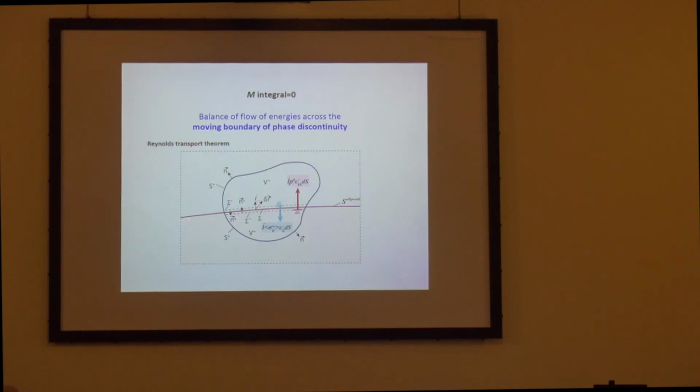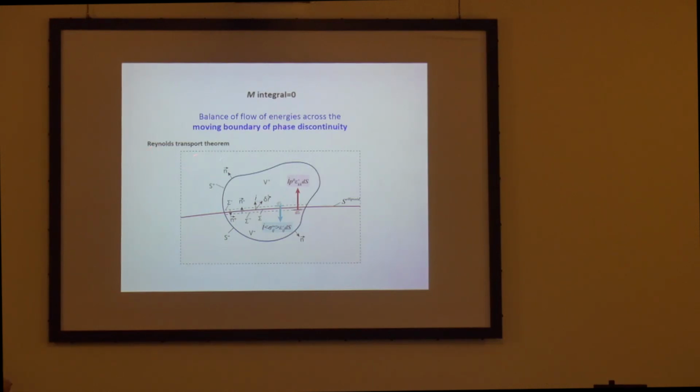We want to see the flux of energy from the matrix into the inclusion, and the outward flux from the inclusion into the matrix. If these two are equal, then it is as if the interface does not exist. So it will expand at constant potential energy. This is the nucleation.